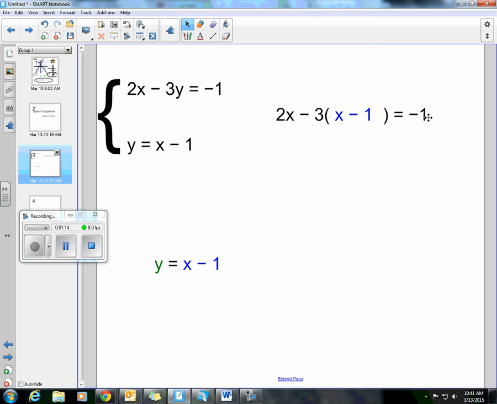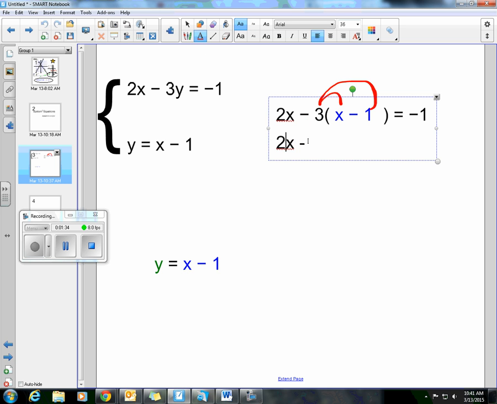So we've got some math to do. We have 2x, and we're going to take 3 times the x, which is 3x, and 3 times the 1. So this is going to be minus 3x, and then this negative and this negative actually make a positive.